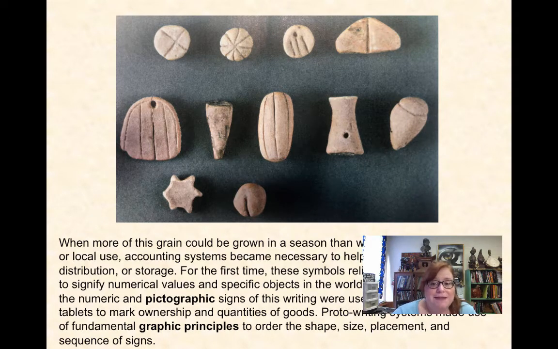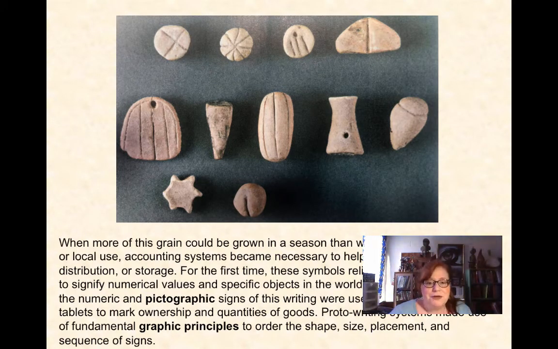So after about 8,000 BCE, the numeric and pictographic signs of this writing were used on tokens and clay tablets, like we saw, or clay cylinders like we saw previously, to mark ownership and quantities of goods. So proto-writing systems made use of fundamental graphic principles to order the size, shape, placement, and sequence of signs.